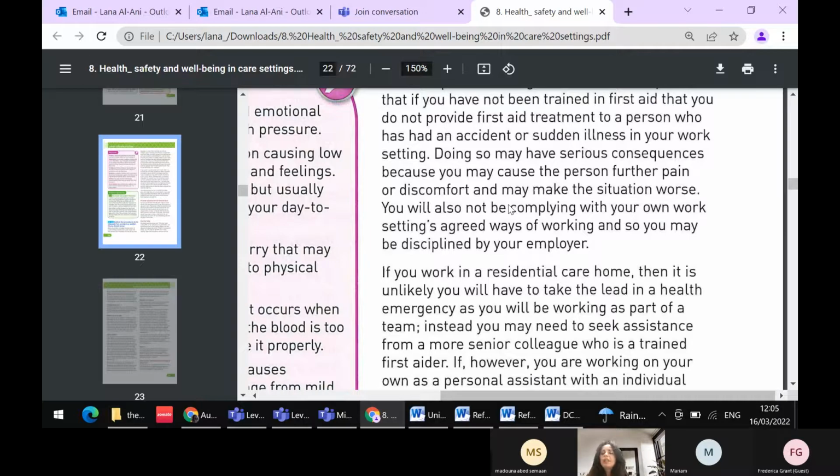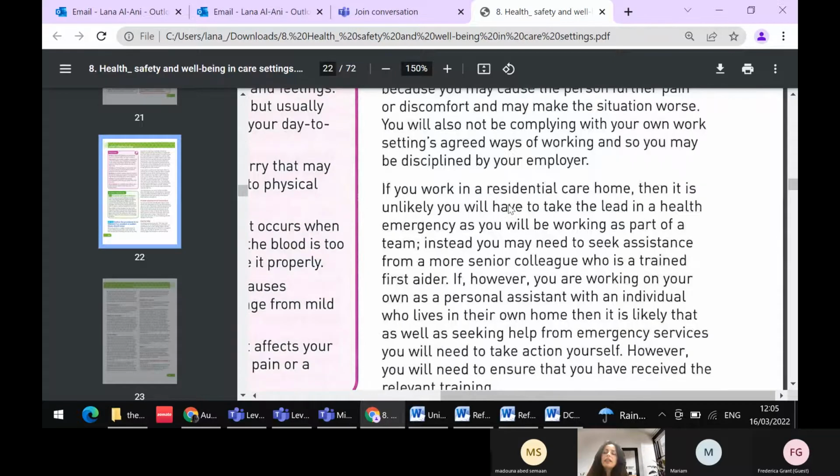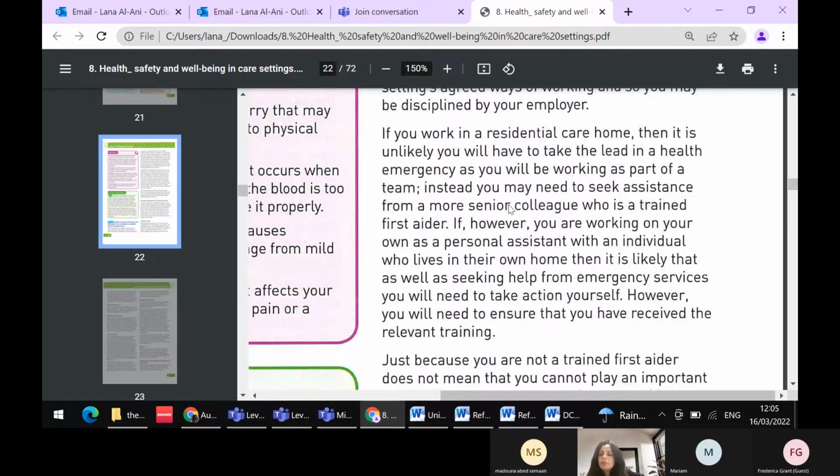If you're working in a residential care, then it is unlikely that you have to take the lead on the health and safety emergency. There is a senior colleague, maybe, who's trained to be the health and safety lead in the organization. You need to go and call them. Maybe it's your manager, so you need to inform the management as well.